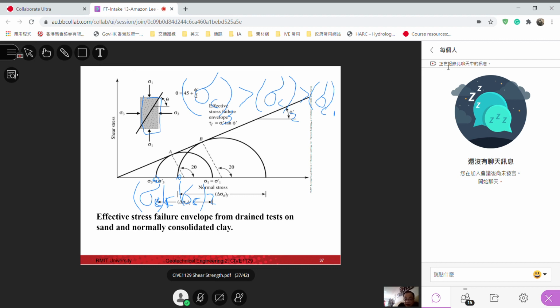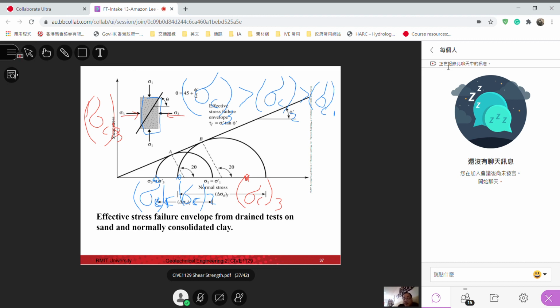Now we have the confining stress at the third time. Initially we apply the confining stress, the same for the third time. So initially sigma 1 equals sigma 3, so it's just a point. Sigma 1 minus sigma 3 is the shear stress, so there is no shear stress. It's a point.